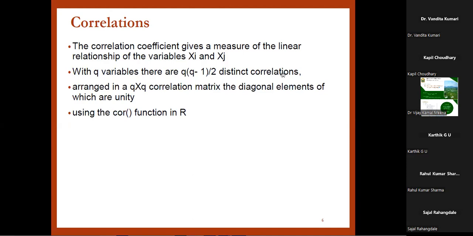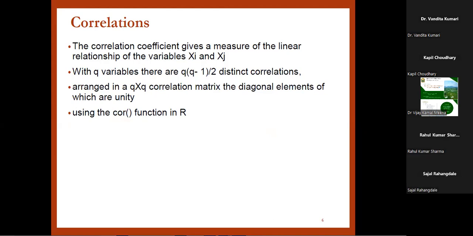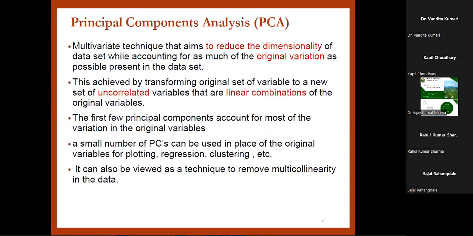Similar to the case of covariances, we are also going to have a matrix of correlations, which is also a q by q matrix. And in R, to find the correlation, we use the function cor and the name of the data for which you would like to find the correlation.